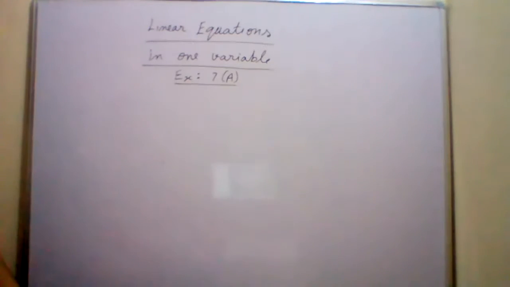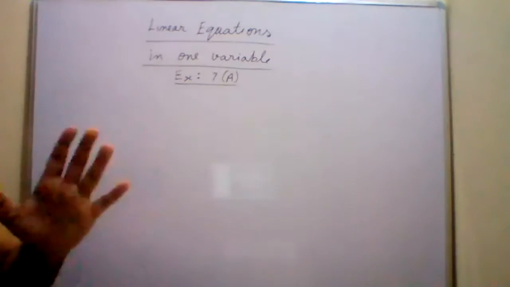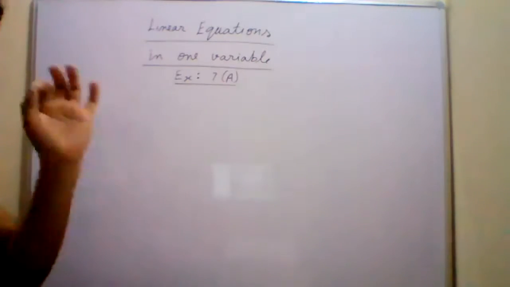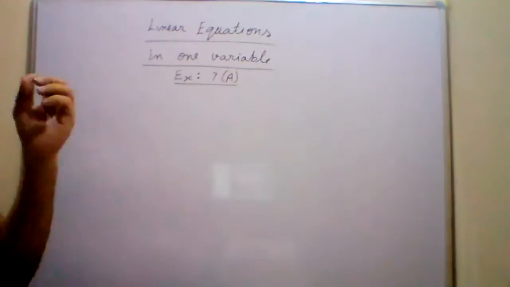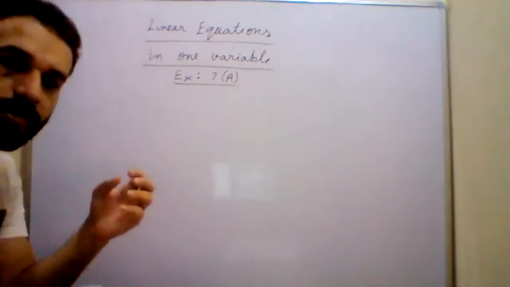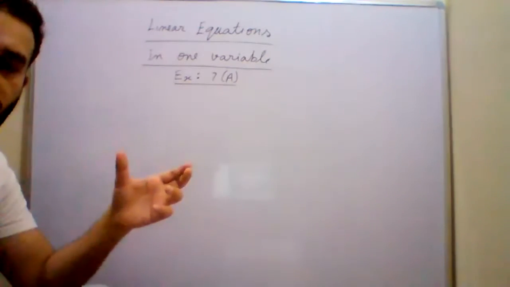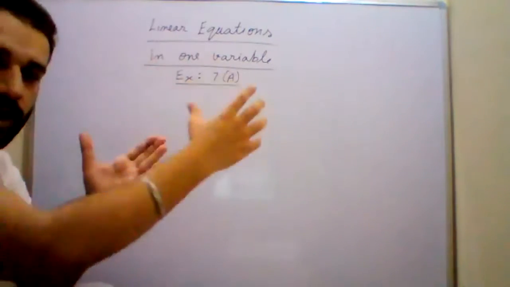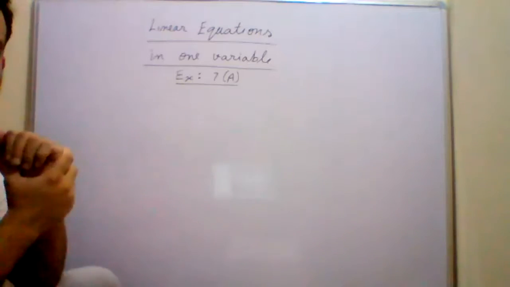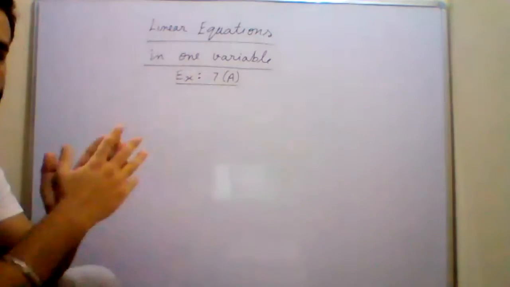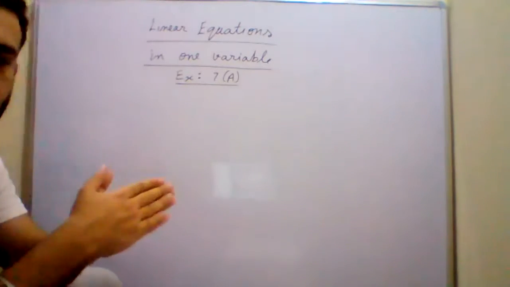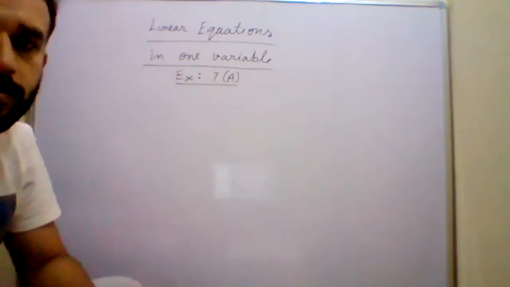Now let me tell you all one more time. Solution of a linear equation is that value of the variable, not x, at which, if I put the value of the variable in the LHS and also in the RHS, the LHS becomes equal to the RHS.